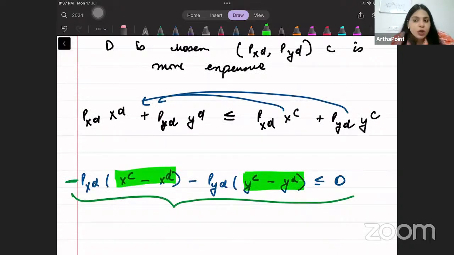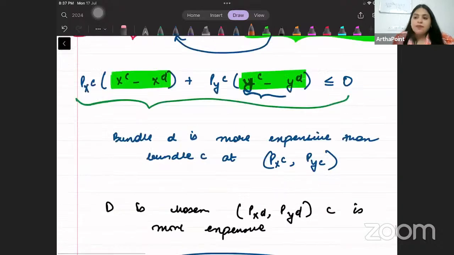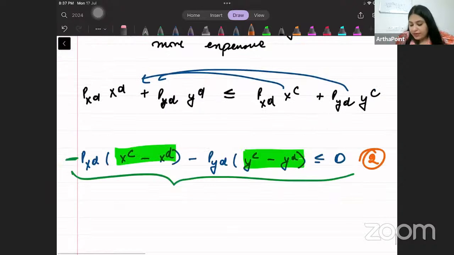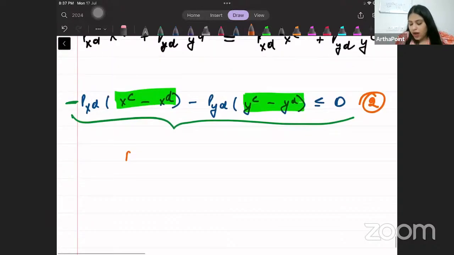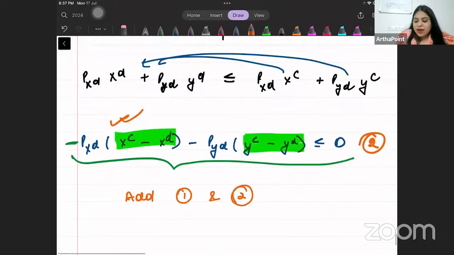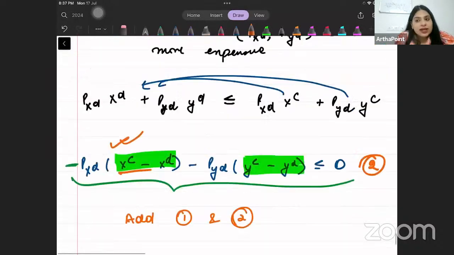So what I will do is add equation 1 and equation 2 together. When I add them, this part will be common, XC minus XD. So what will I get?